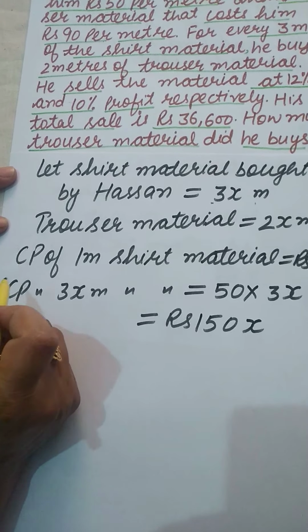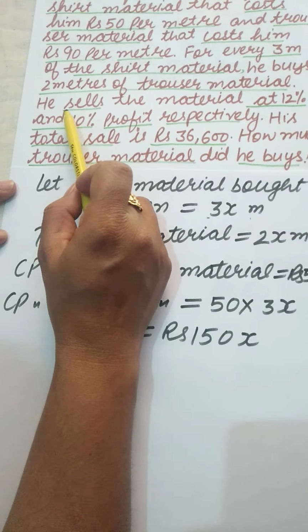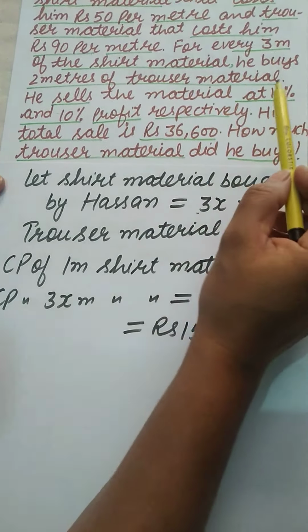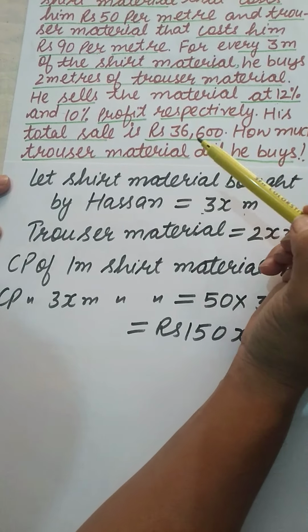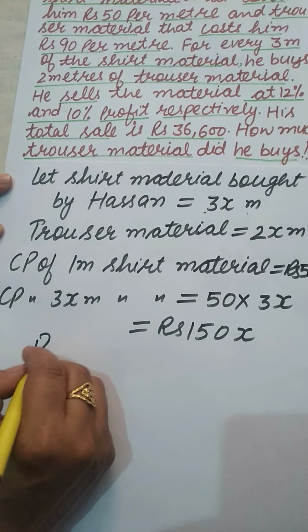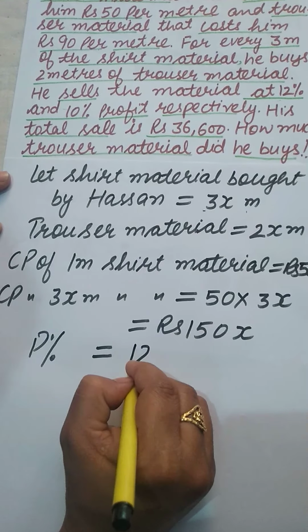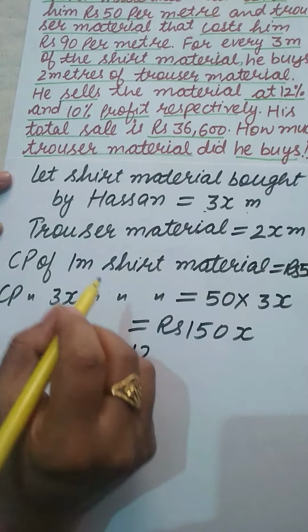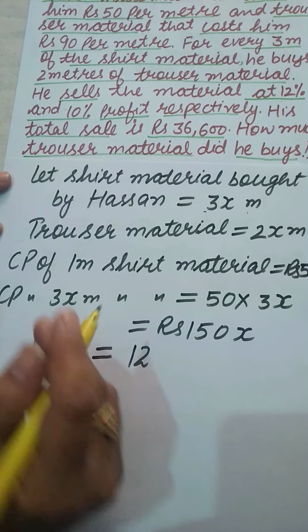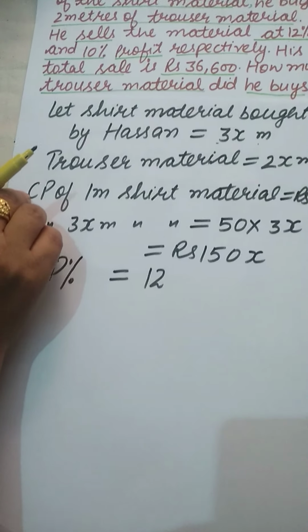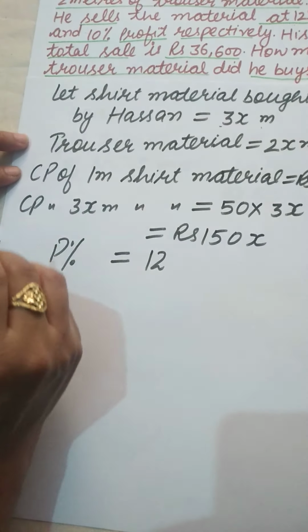that will be rupees 150x. Now the profit made by him on the shirt material is 12%. So the profit percent is equal to 12%. Now we have to find out the selling price as the total sale is given in the question.